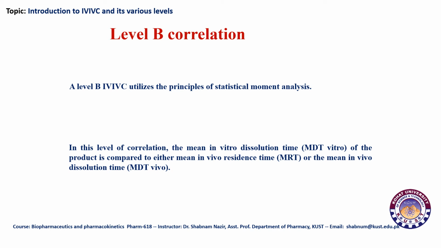So how long it takes to get dissolved within the body, that mean value, or how long it takes to reside within the body, that mean value. So this is compared with in vitro dissolution time, and this determines whether it is level B correlation or not.